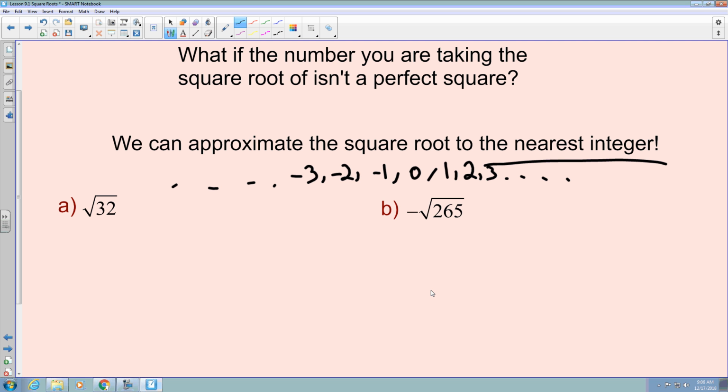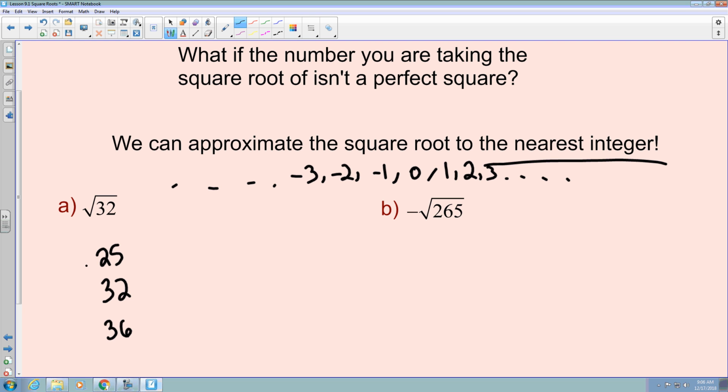If you don't use your calculator, you can look at the perfect square values that are in between the number 32. So the perfect square values that are around 32 are 36 and 25.